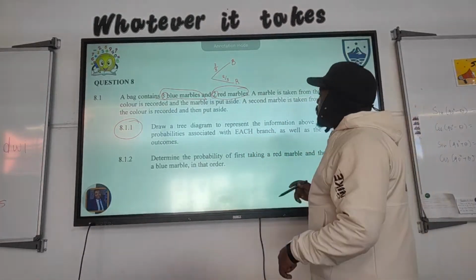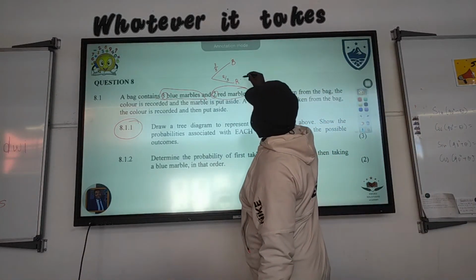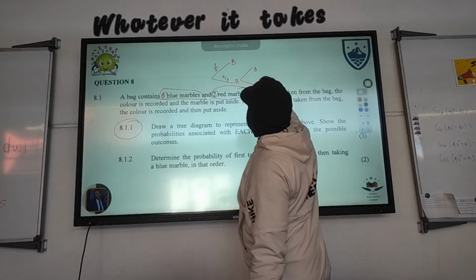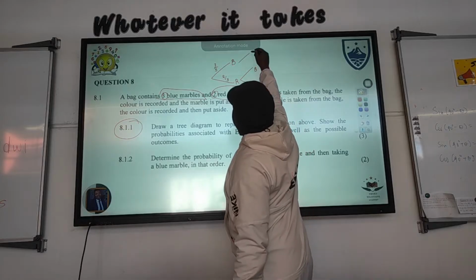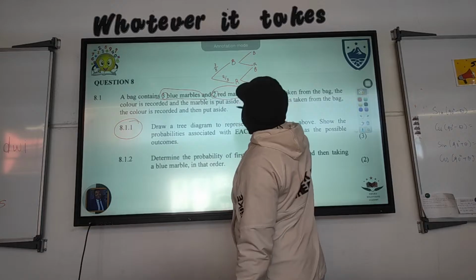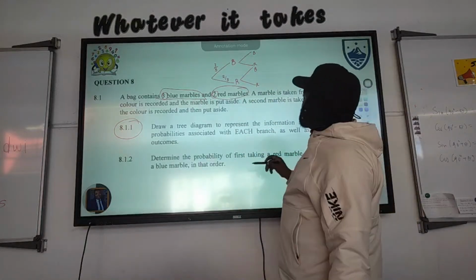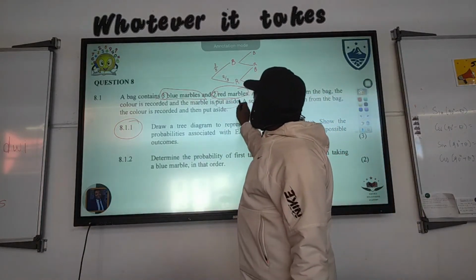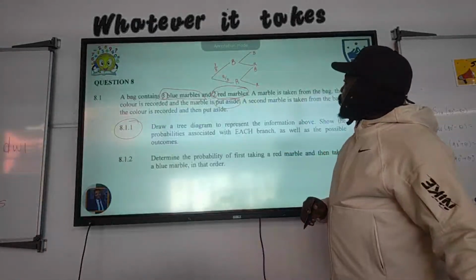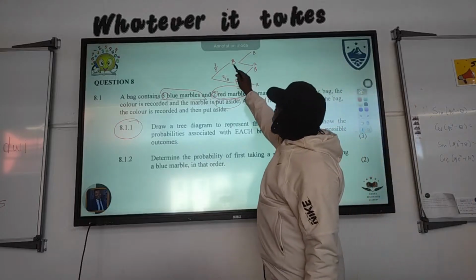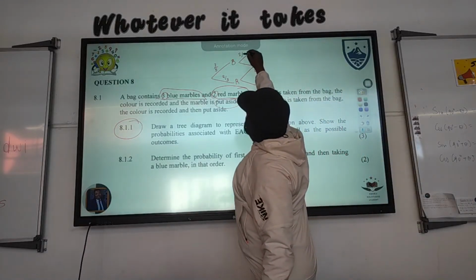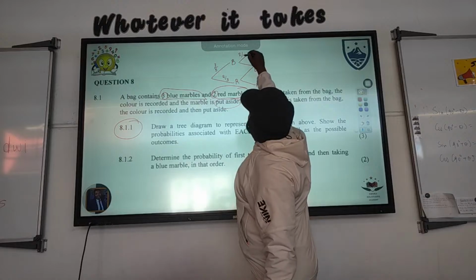And then for the second withdrawal that we discussed yesterday, we have the same branches, blue and red. Even for this side, we have blue and red. Because the marble has been placed aside, it doesn't go back. So if the blue was removed, we will now have 2 out of a total of 4.